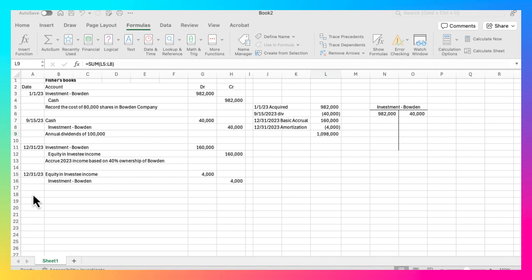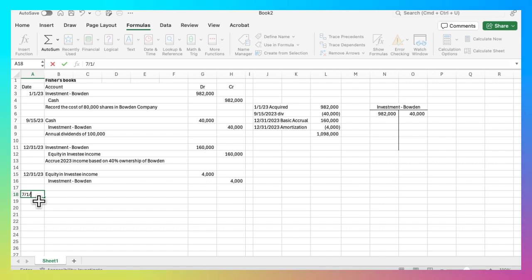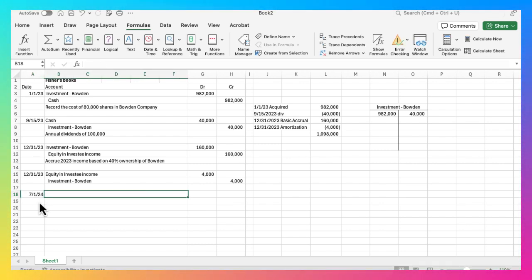So the first thing we're going to do is come back to our journal entries, and we're going to say, okay, on 7/1/2024, we're going to record the accrual of a half a year of income at 40%, okay? Excuse me. The only reason why we're doing this now and not at the end of the year is because the problem told us it was earned evenly throughout the year, okay?